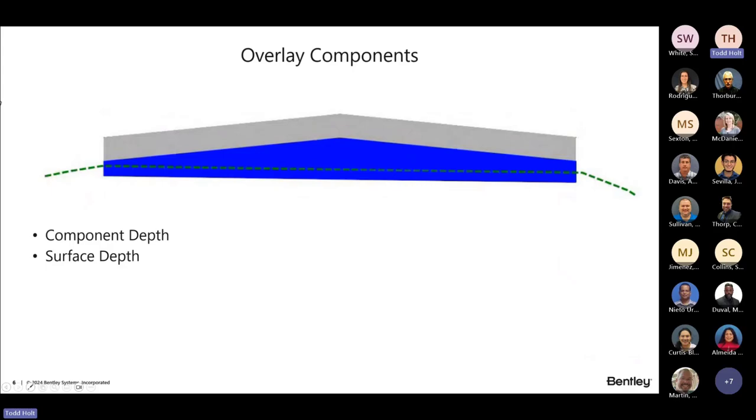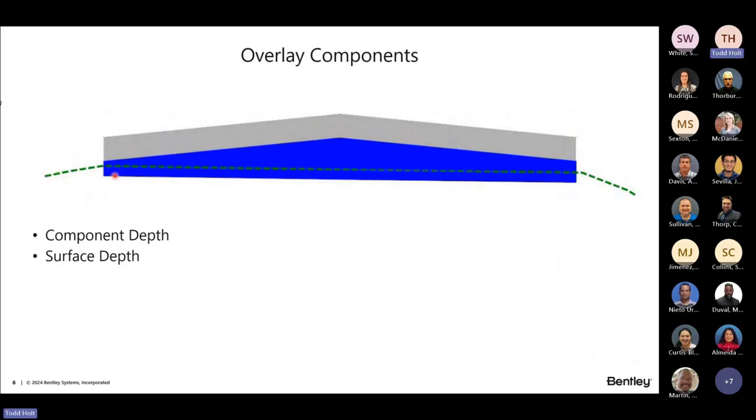So it always will go down 4 inches, and we can build that back up to the overlay in there. In the illustration that we're seeing here on the slide, the overlay stops at the existing ground, but we have a minimum depth of 4 inches that we're going to do, a surface depth of 4 inches.